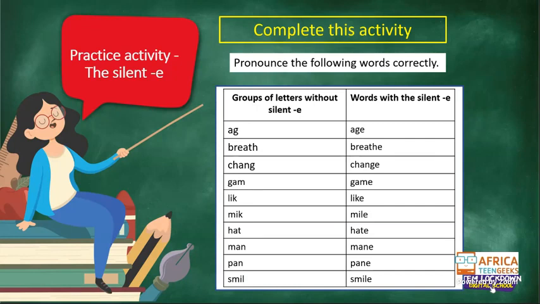And the right column has the words with a silent E added. So what I want you to do is to go through and say each one properly. Egg, age, breath, breed, like that. Okay. Right, you got it. Okay, I'm going to give you a minute to practice.